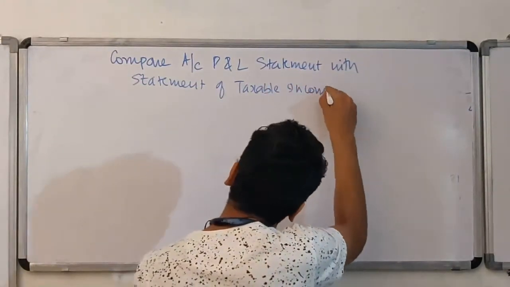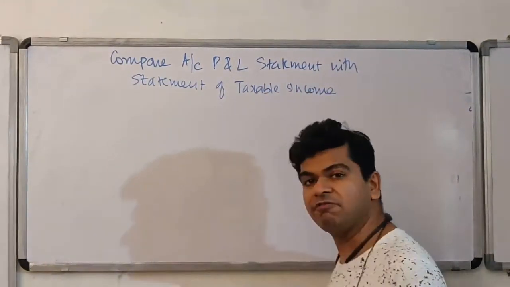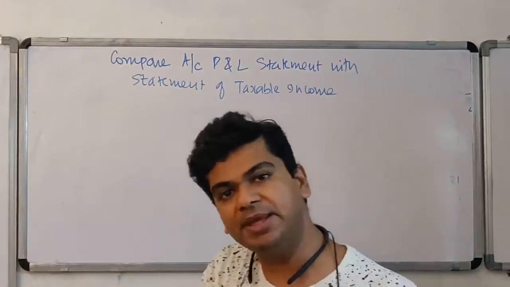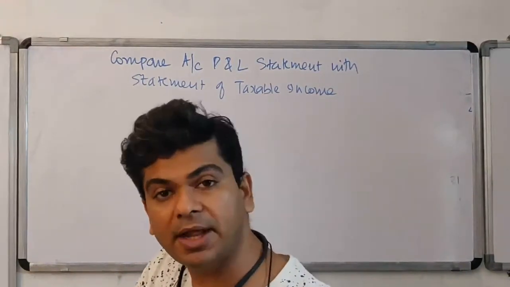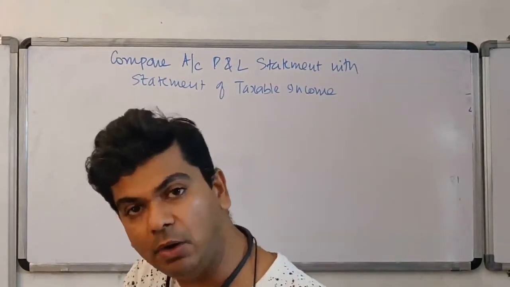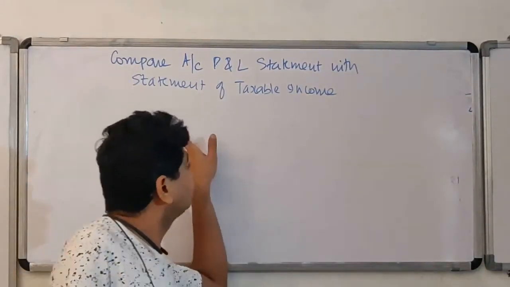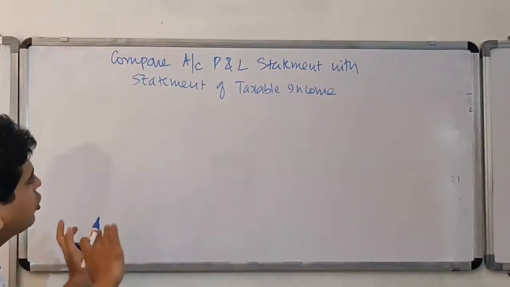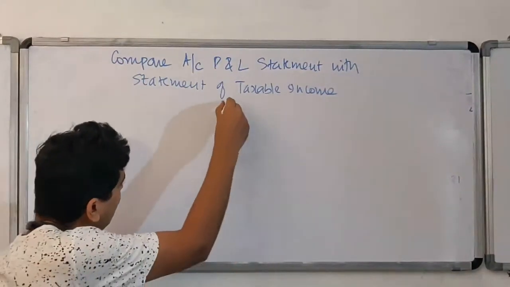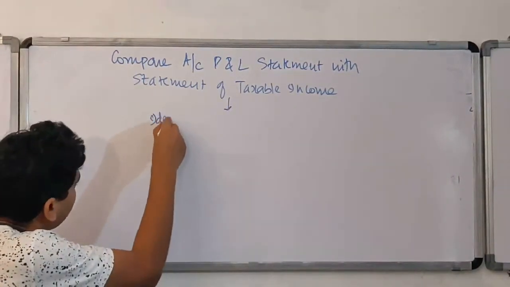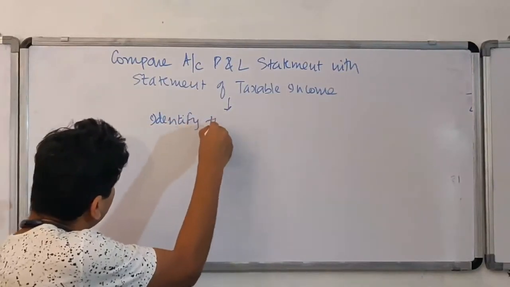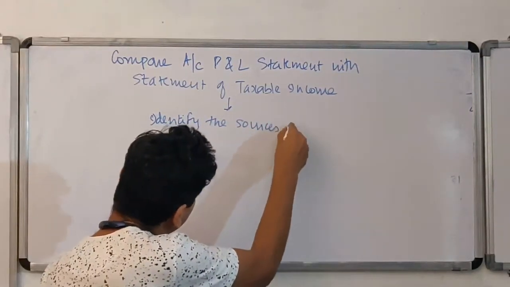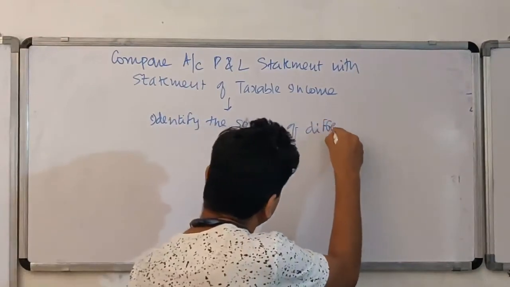You should make a comparison. What is your profit or maybe even loss as per your P&L, and what is your taxable income or taxable loss as per the taxation provisions? So you compare your accounting P&L with your statement of taxable income and identify the sources of differences.